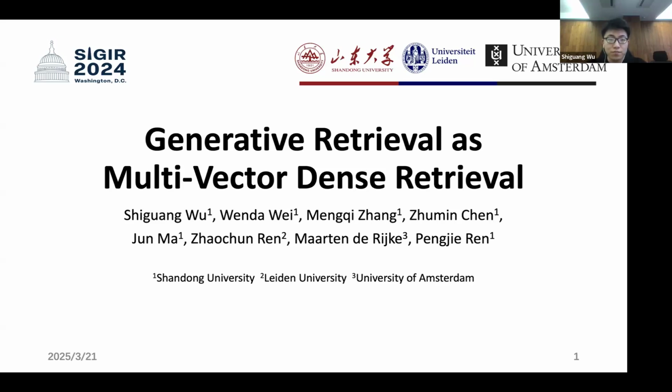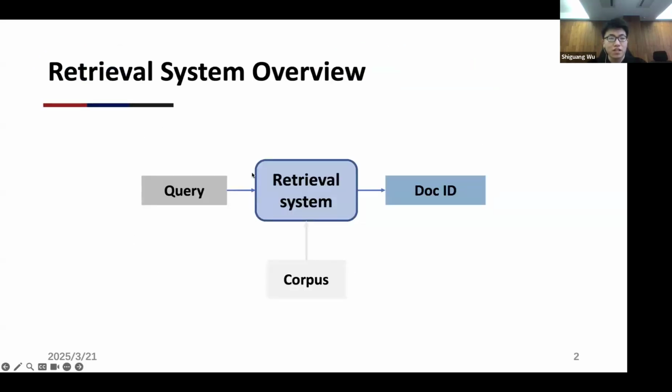First, I'd like to introduce the retrieval system, which should be quite familiar to most people. For a retrieval system, you first preload it with a large corpus, which is a bunch of documents.